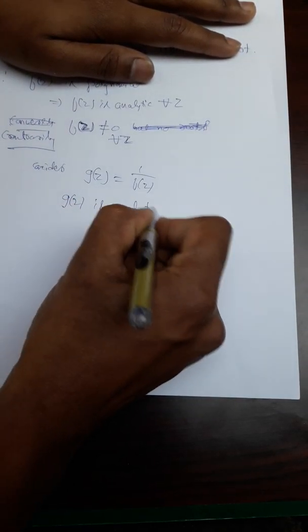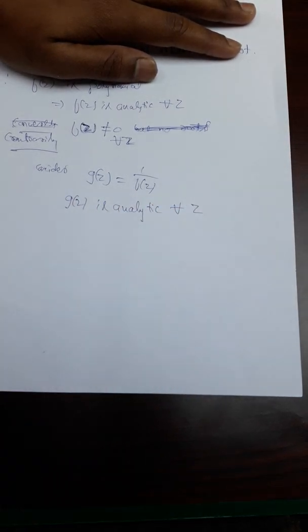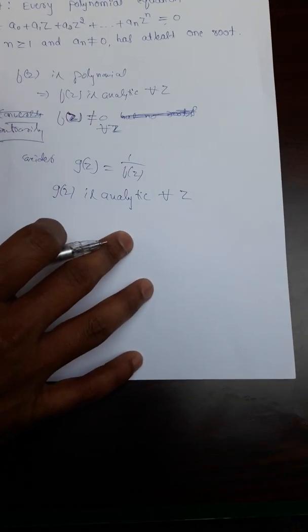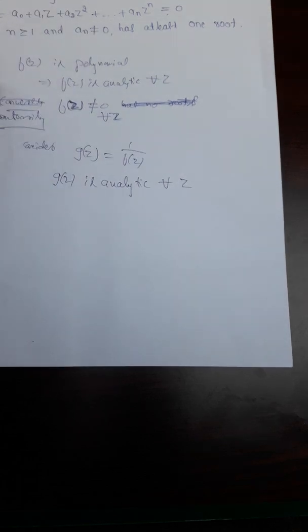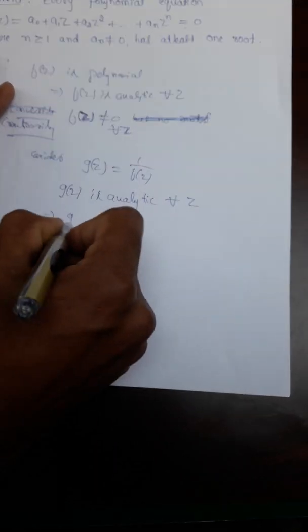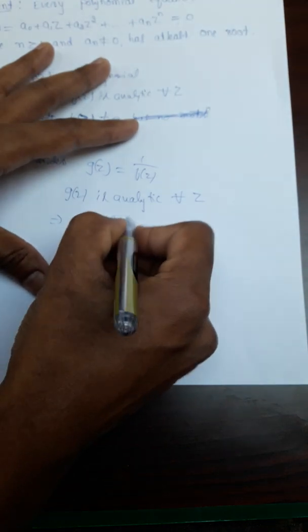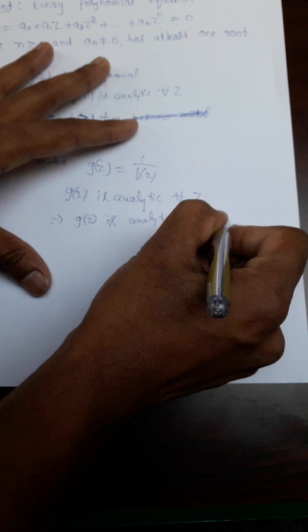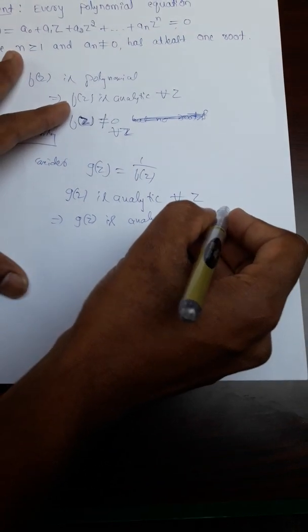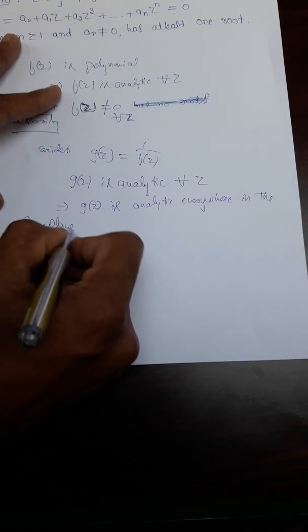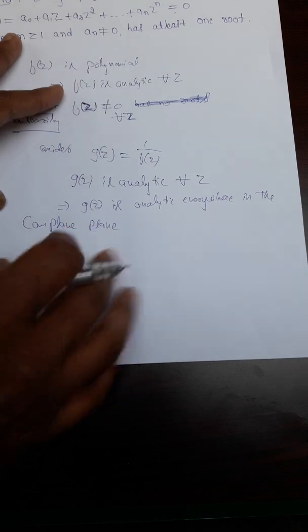Hence g(z) is analytic for all z, which means g(z) is analytic everywhere in the complex plane, with n greater than or equal to 0 and an not equal to 0.